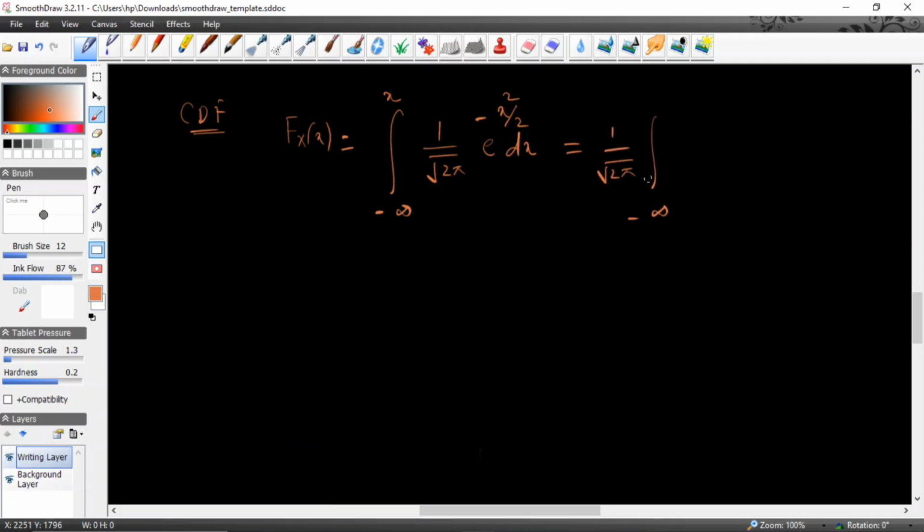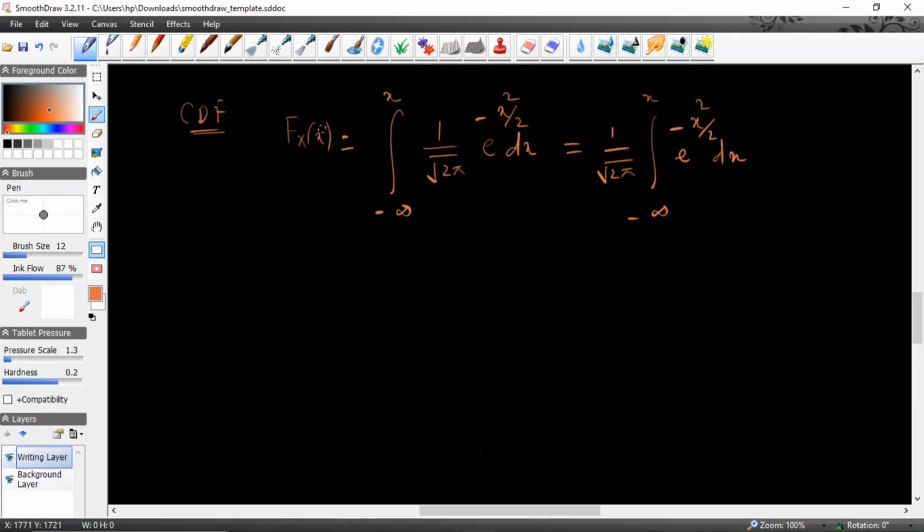Okay, and the CDF of this function, which I will say F_X(x), is nothing but the integral of the PDF from minus infinity to x, 1 over root 2 pi e raised to power minus x square divided by 2 dx, or I can write it as 1 over root 2 pi integral from minus infinity to x of e raised to power minus x square by 2 dx.